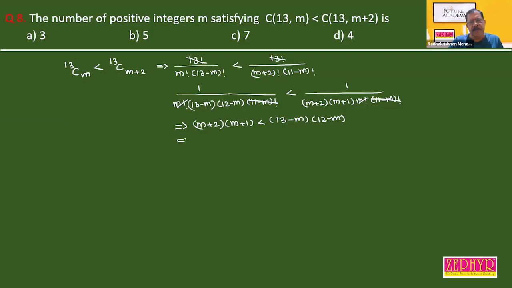Open the bracket. You will be getting m square plus 3m plus 2 less than, here also m square minus 25m plus 12 into 13, 156.